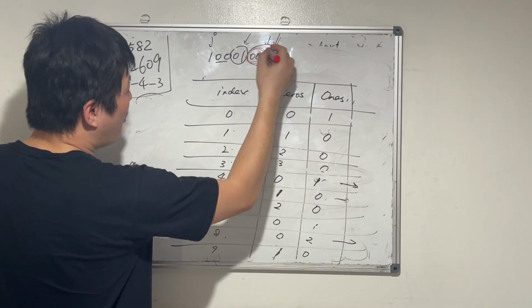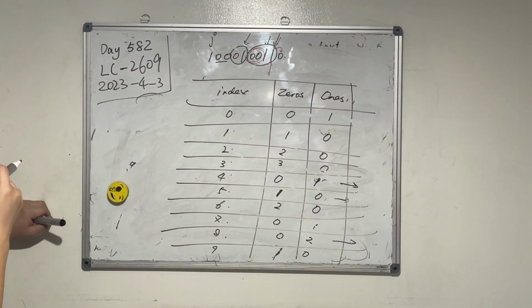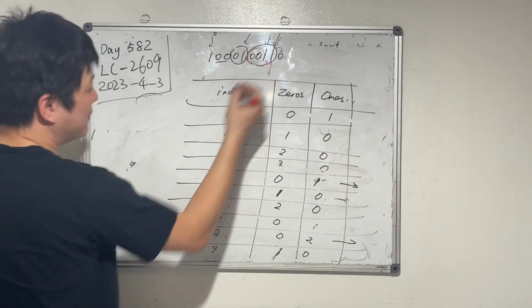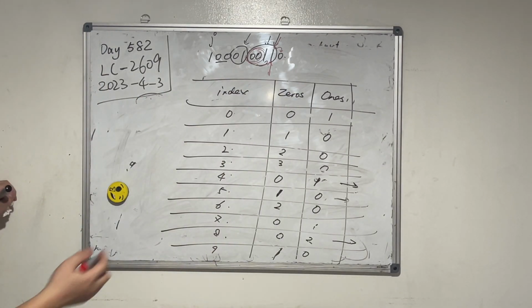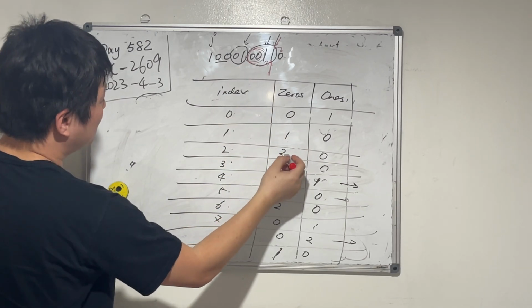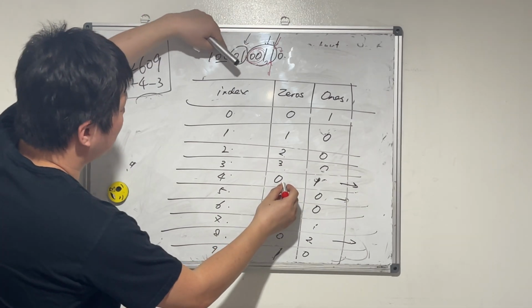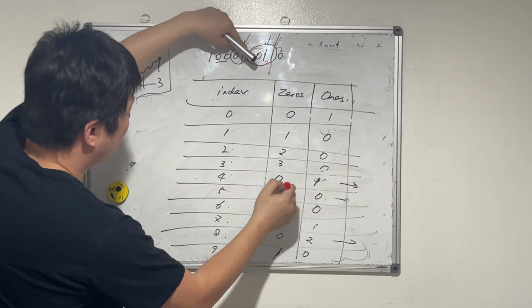When 1 turns into 0, we reset the zeros. But when 0 turns into 1, we don't reset the zeros. So when 0 turns into 1 here, this is 0, 1, 2, 3. Here we don't reset to 0. Here, 0, 1, 2, 3, 4, we don't reset to 0.